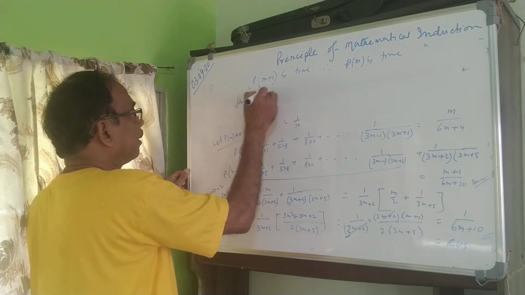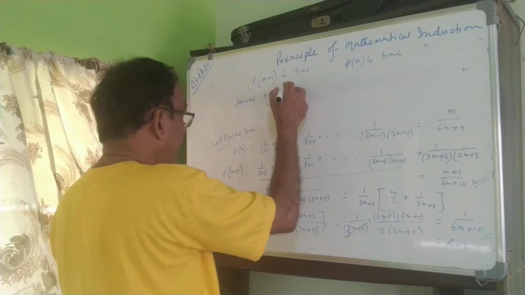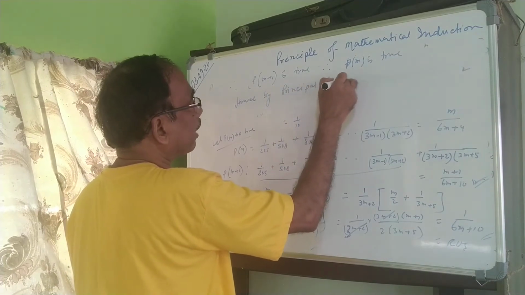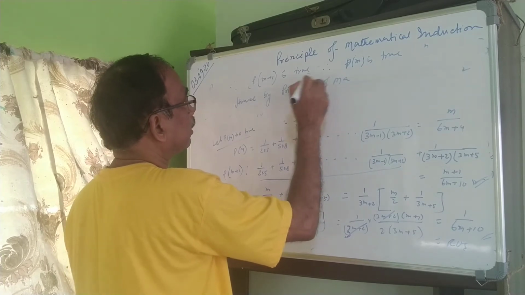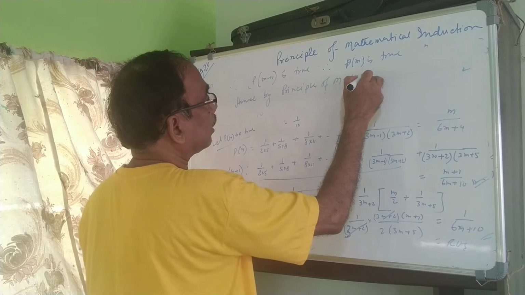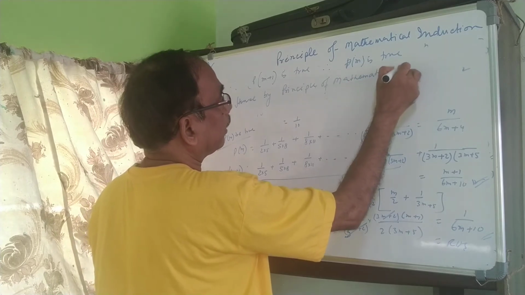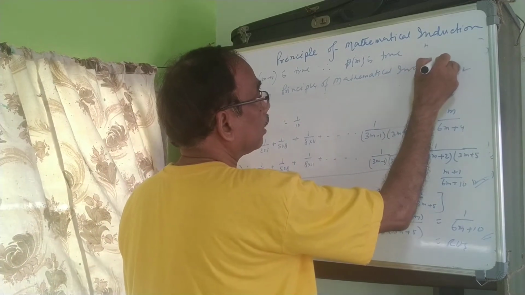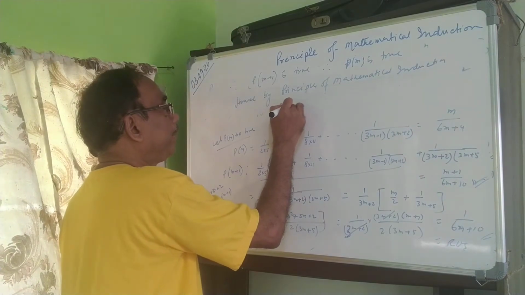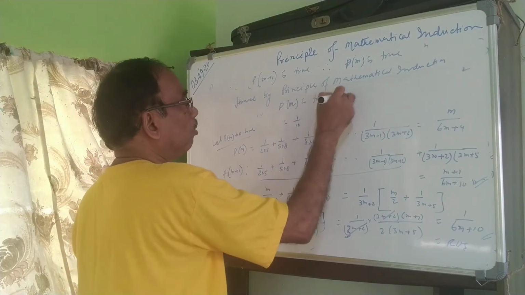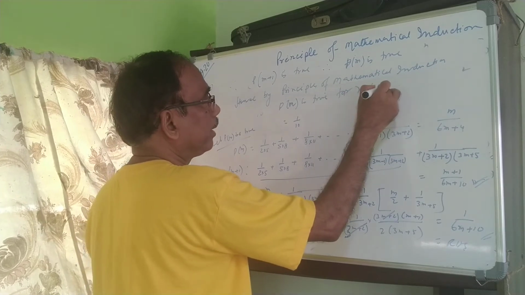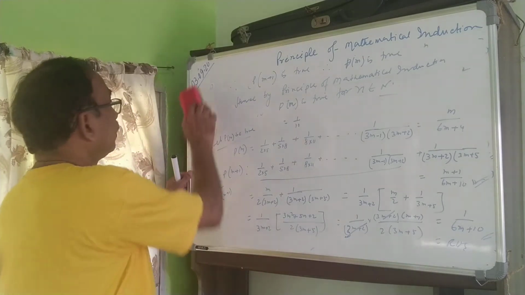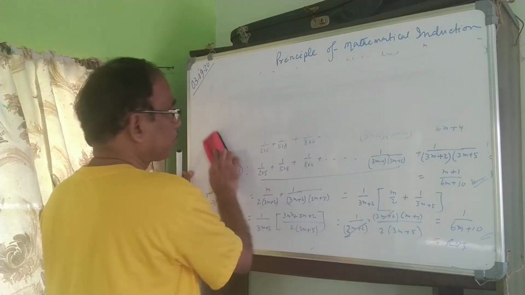Hence, by principle of mathematical induction, P(n) is true for n belongs to any natural number. That's all. Next, sum number 3.